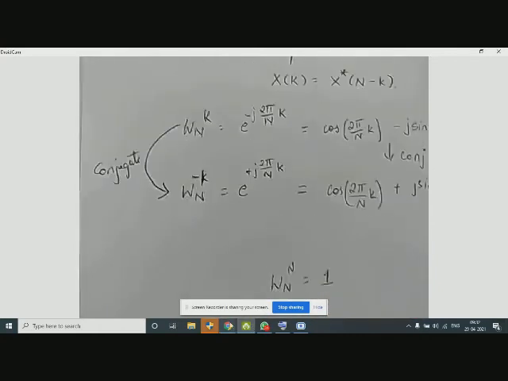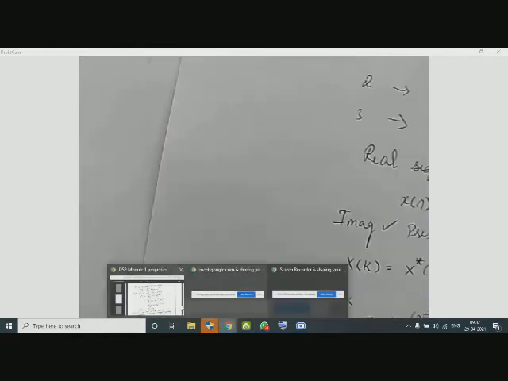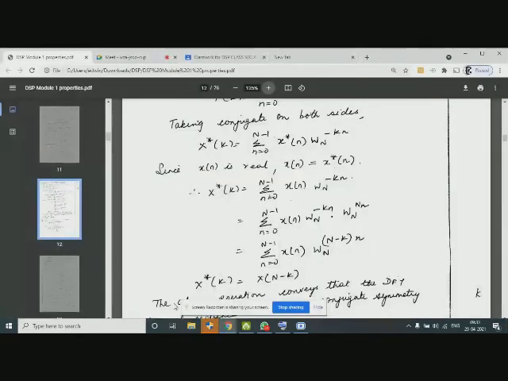So in that step, what is the thing given? See, it is Wn power minus k into n. That is your normal DFT equation.